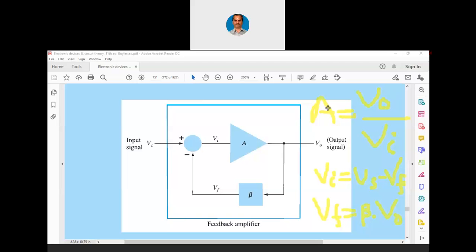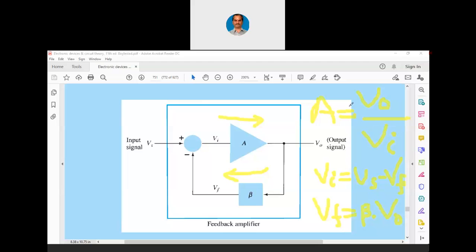In the same way, Vf can be written as beta into V0, because the signal is moving in this direction here, whereas the main signal is moving in this direction here. A portion of the signal is coming back. So please remember these main three expressions.